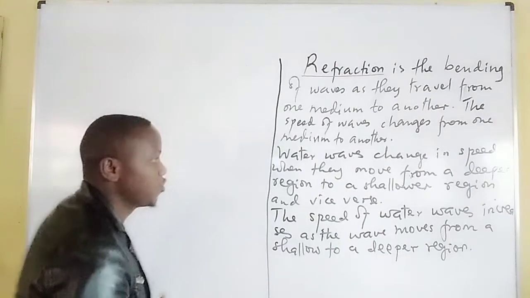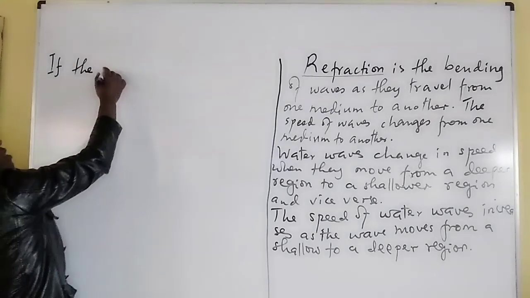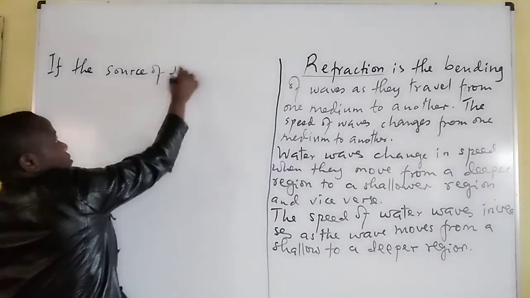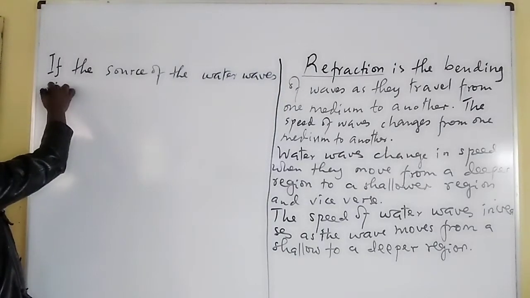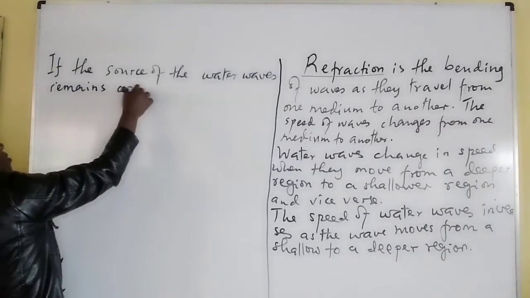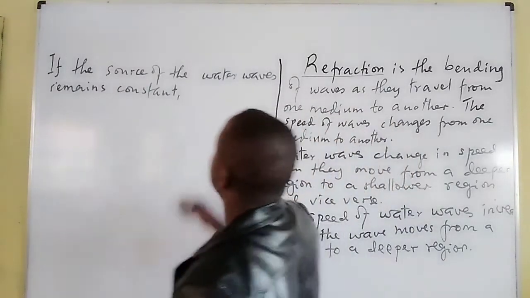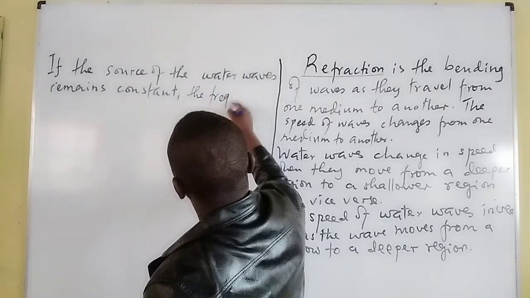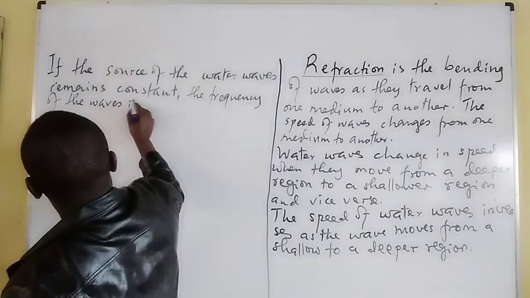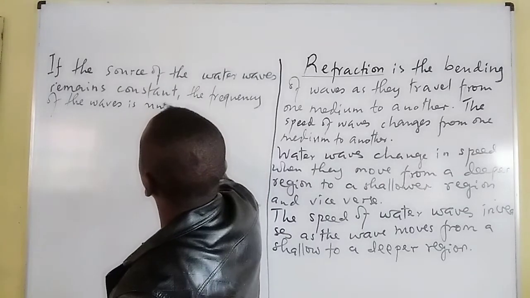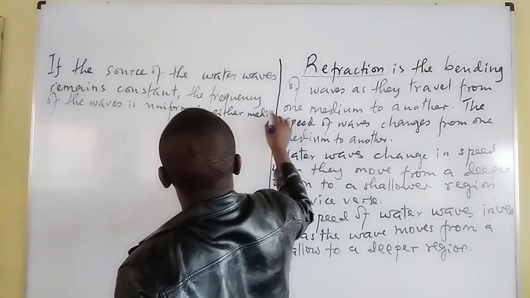So it is good to note that, for example, in the case of water waves being produced from a ripple tank, if the source of the water waves remains constant or maintained, then we can conclude that the frequency of the waves is uniform in either medium.